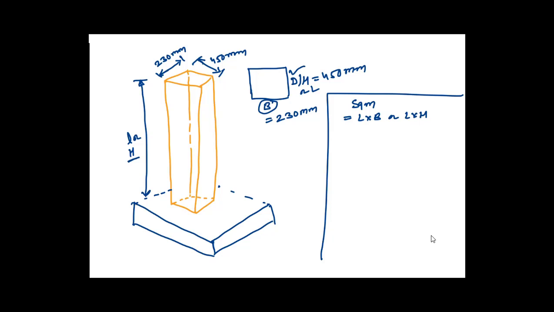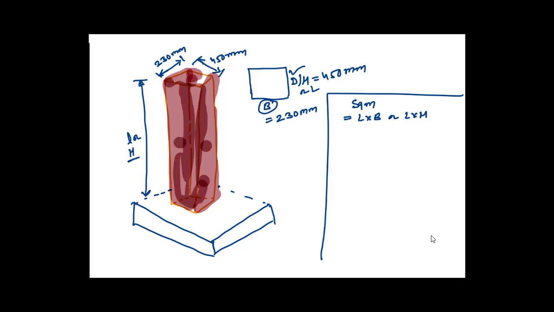Here I have to apply the shuttering on this face and on the opposite face, that is, the shuttering is required on all 4 sides, so that I can pour the concrete from the top.